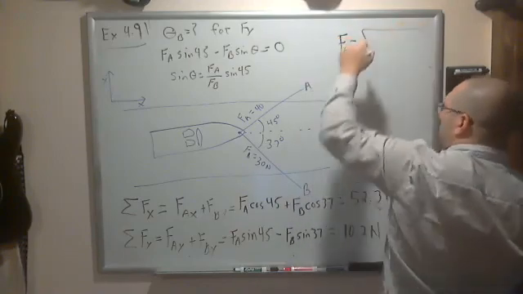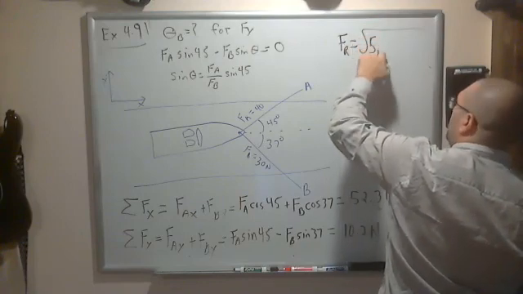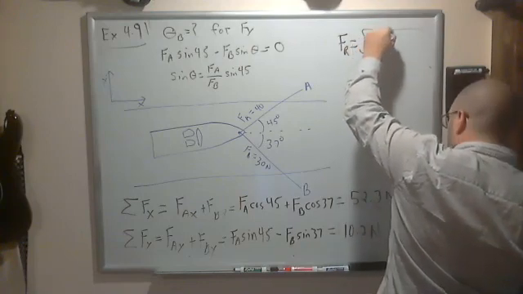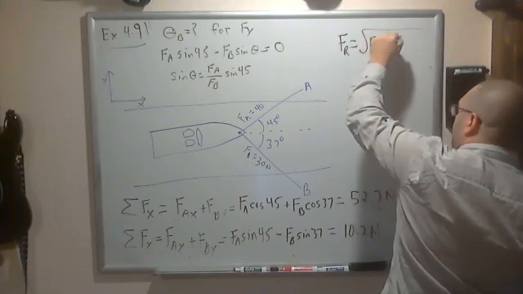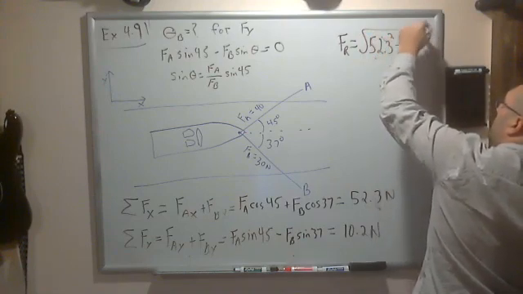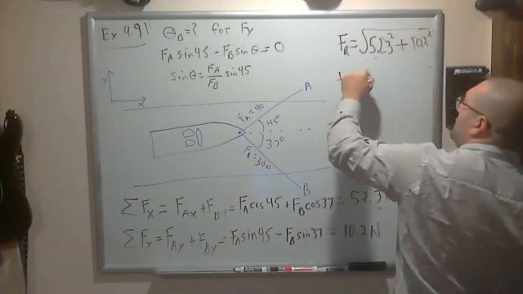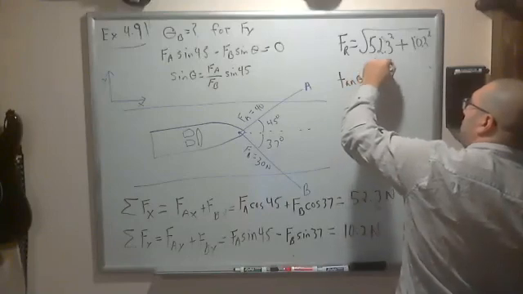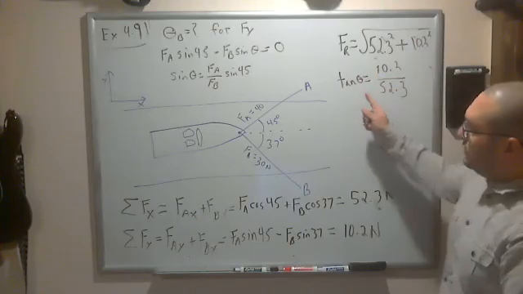This is just the two components, and we take the square root of the sum of the squares, Pythagorean theorem. Right. We have that, and then tan theta is just the ratio of the two components, and this gives us the angle of the resultant.